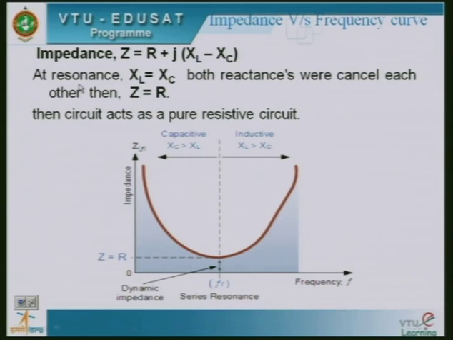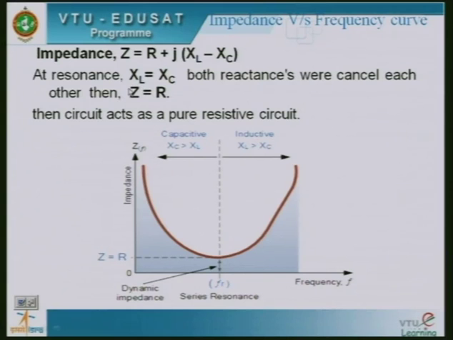At resonance, the inductive reactance is equal to capacitive reactance. Both reactances cancel each other, then the imaginary part will become 0. Then obviously the impedance is equal to resistance.